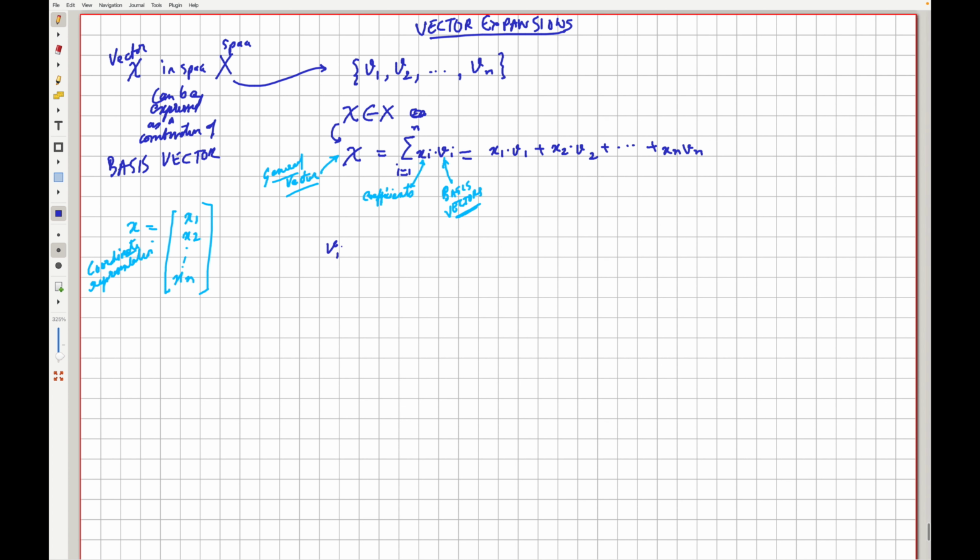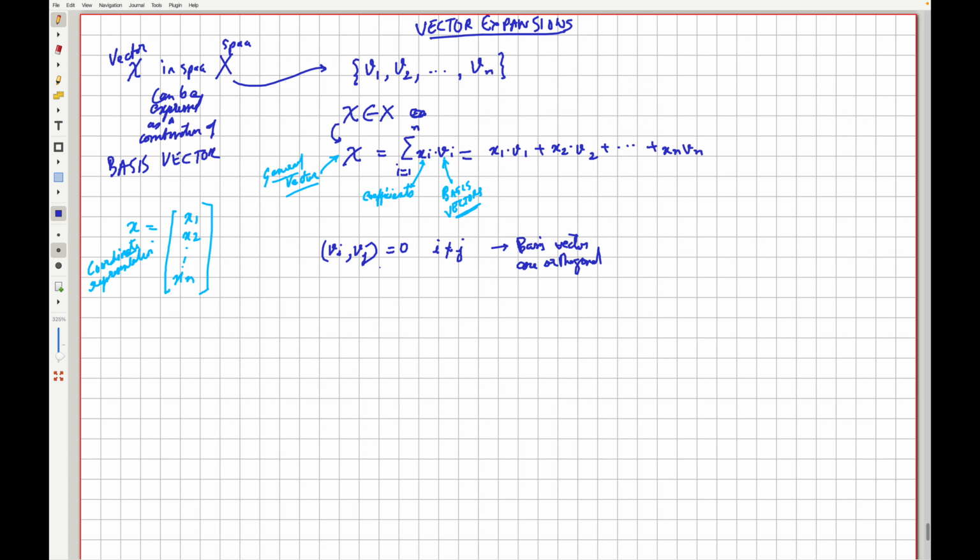If we take a dot product of v_i and v_j, and that is equal to 0 when i is not equal to j, then these basis vectors are orthogonal. Otherwise the basis vectors are non-orthogonal.